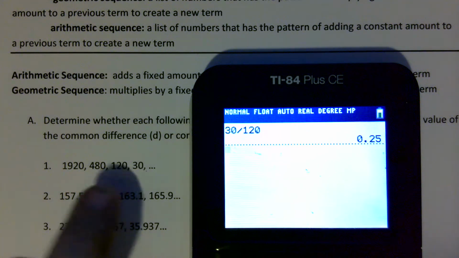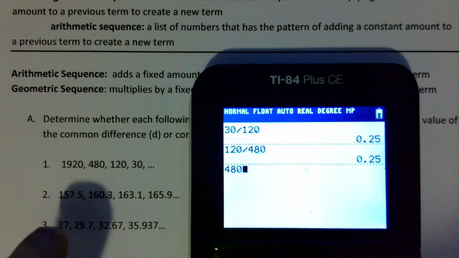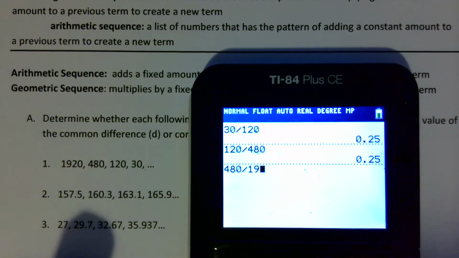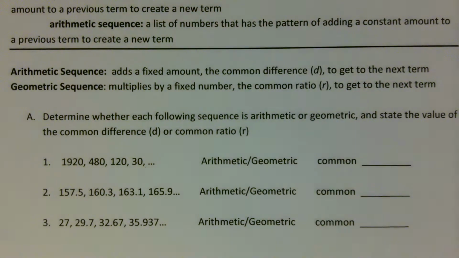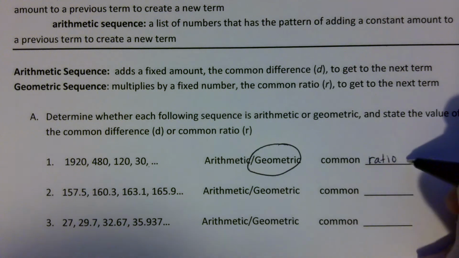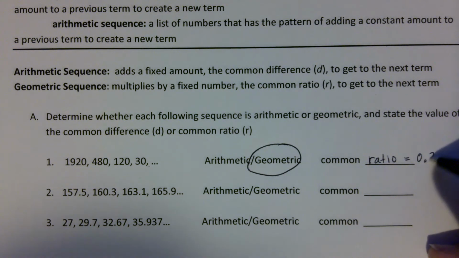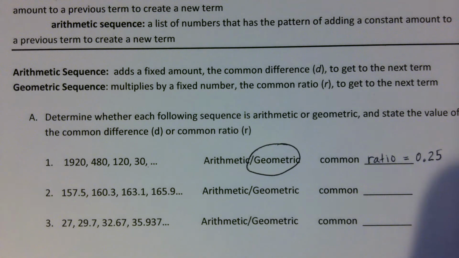So let's try that. 120 divided by 480, and I get 0.25. 480 divided by 1,920, and I still get that. So I know that this is a geometric sequence, and the common ratio is 0.25. All right. Let's take a look at the next one.